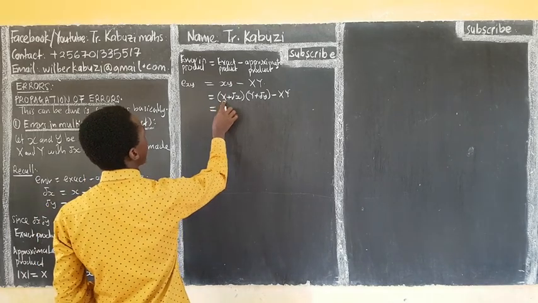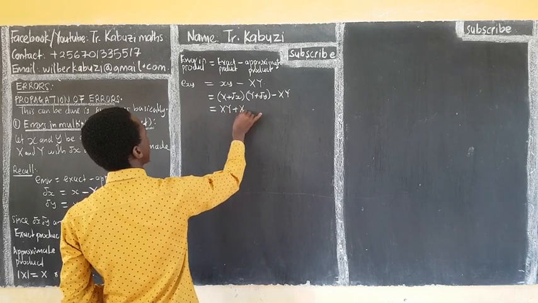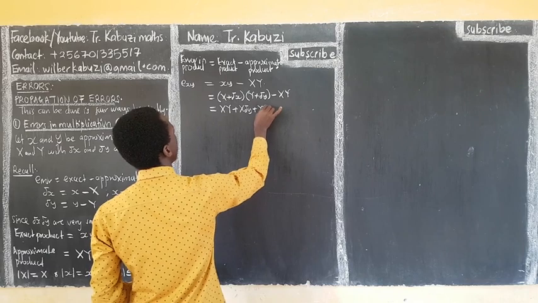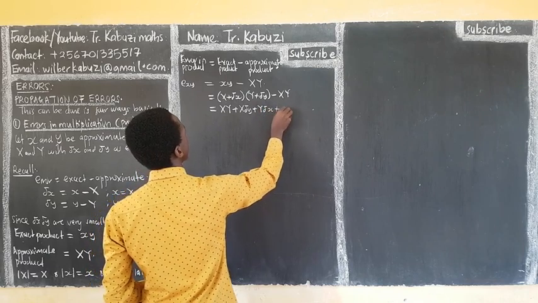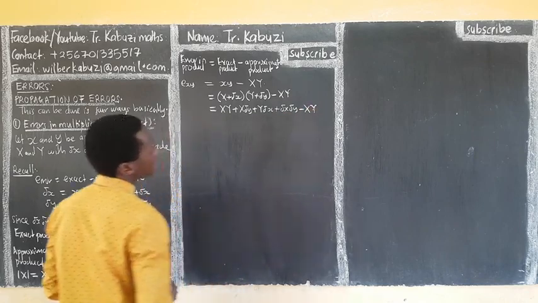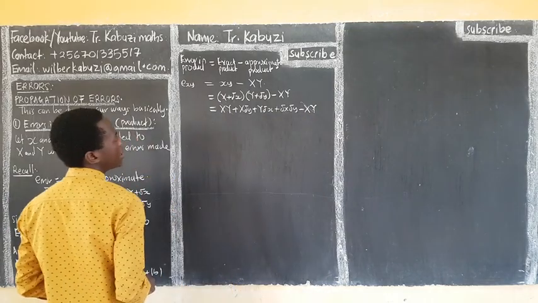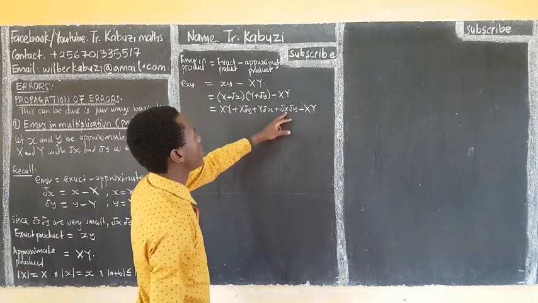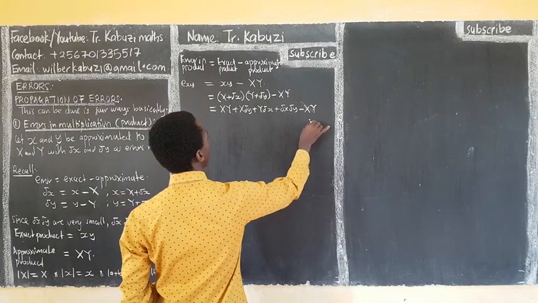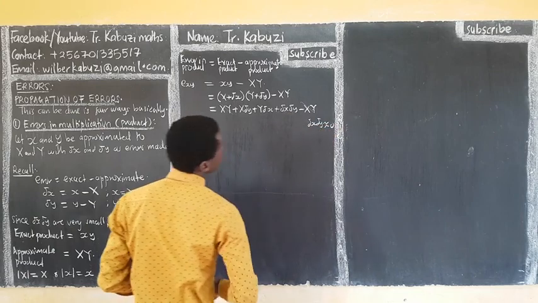If you have multiplied properly, this will give capital X, capital Y, this will give X delta y, then this will give Y delta x, then plus delta x delta y minus XY. Then you see this one vanishes. All we have, because they are very small, we said delta x delta y is going to be approximated as 0.